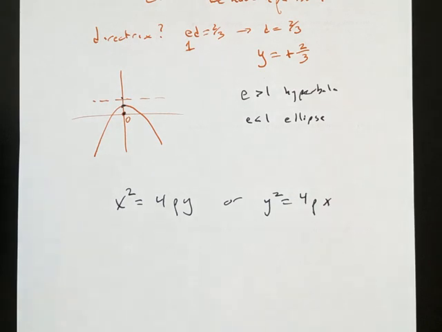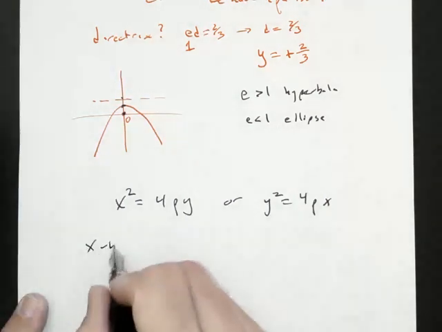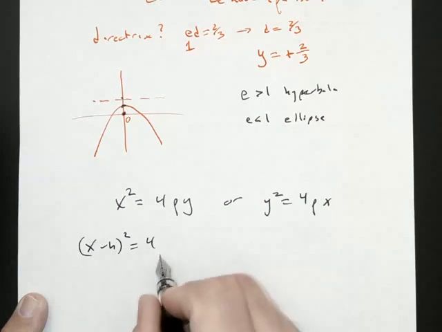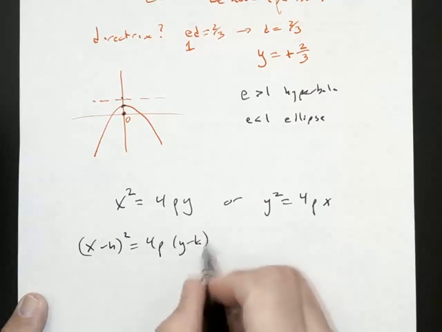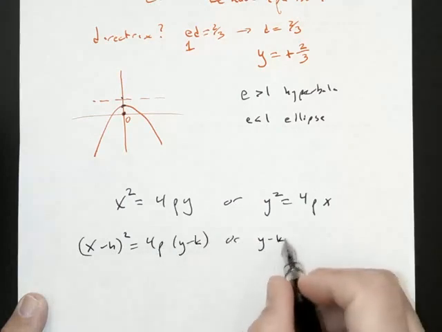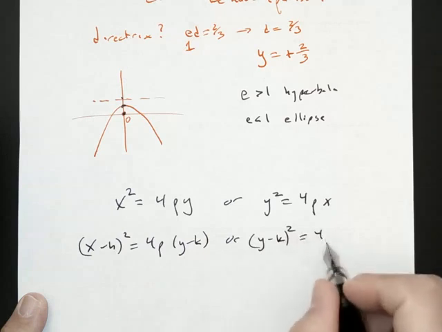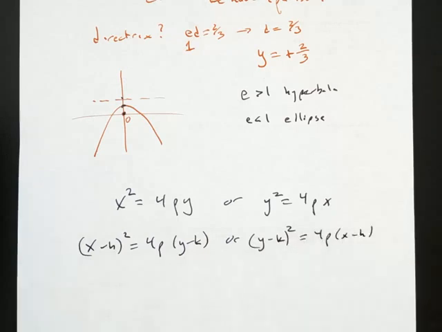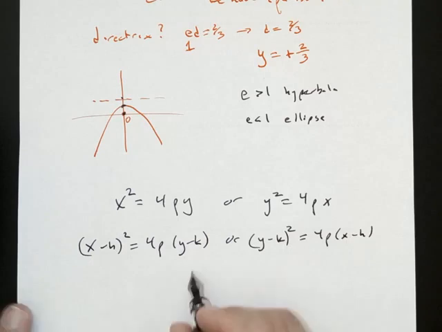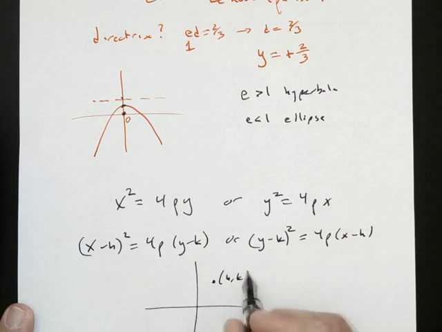So if I have a shifted one, the same thing still holds, only we're at h and k for a center, and then that's where our vertex is.